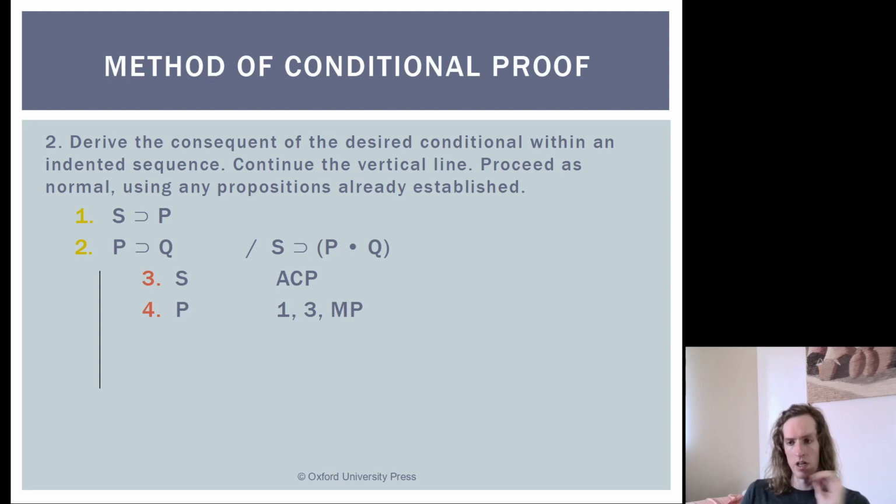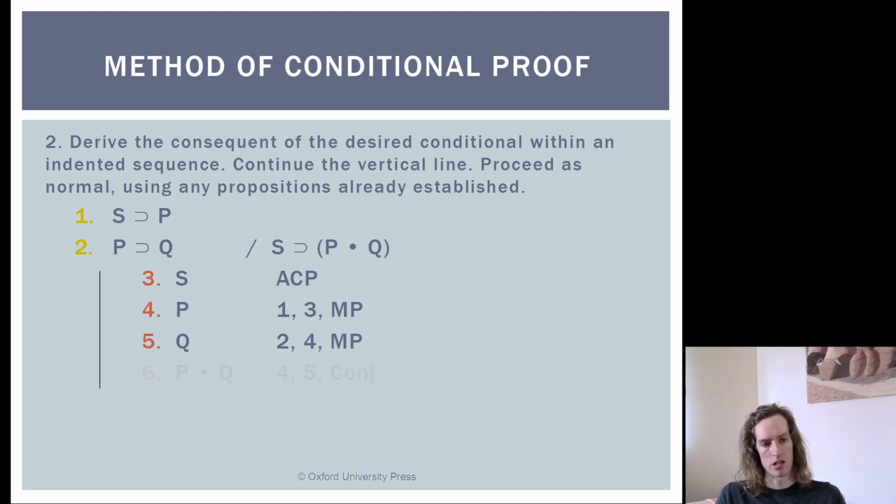So if we assume S, from premise 1, we can see that if there were an S, there would be a P. So we can get P from lines 1 and 3 using modus ponens. And if there were a P, which we were able to get from our initial assumption S by using modus ponens on lines 1 and 3, we can see that on line 2, we could get a Q. So with lines 2 and 4, we get Q using modus ponens.